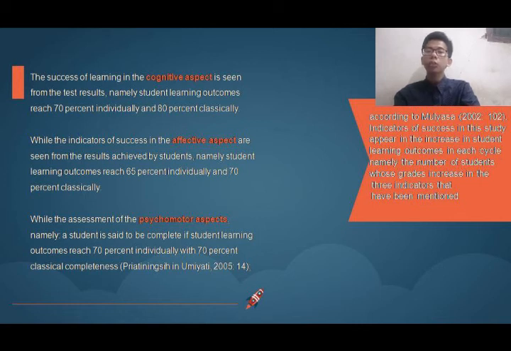But according to Mulyasa, the indicator of success in this study appears in the increase in students' learning outcomes in each cycle, namely the number of students whose grades increase in the three indicators that have been mentioned before.